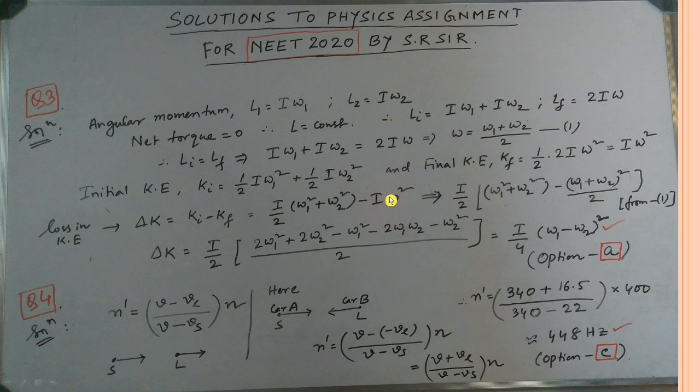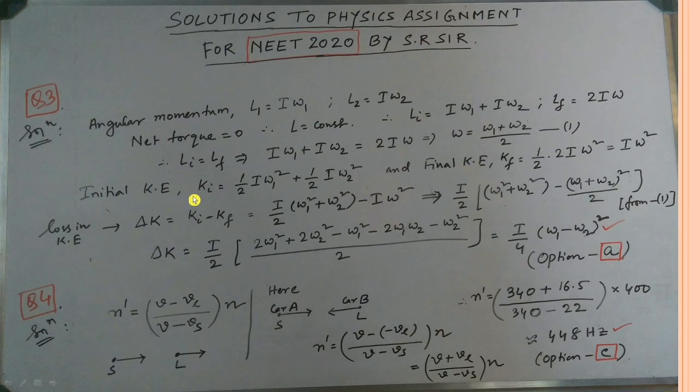So this is the final angular momentum, and this is the initial angular momentum. Angular momentum is conserved, so final equals initial. From this we get omega equal to (omega 1 plus omega 2) by 2. This is equation 1. So omega is basically the arithmetic mean of the two angular velocities.